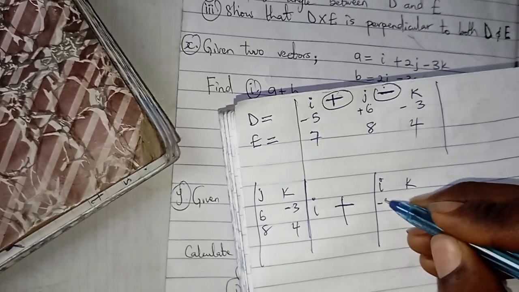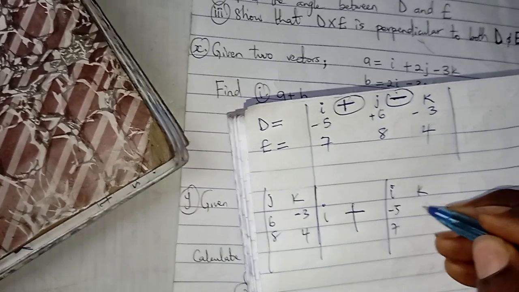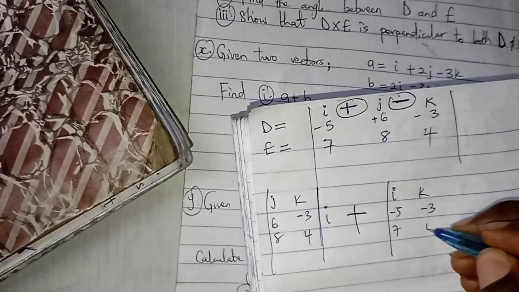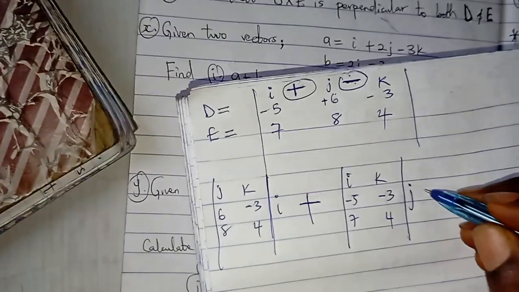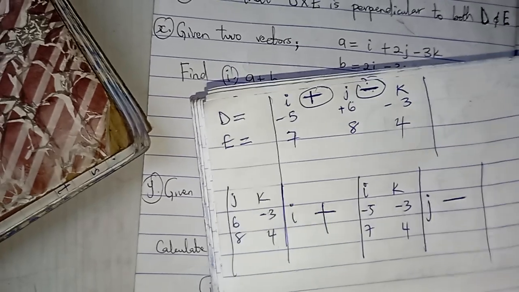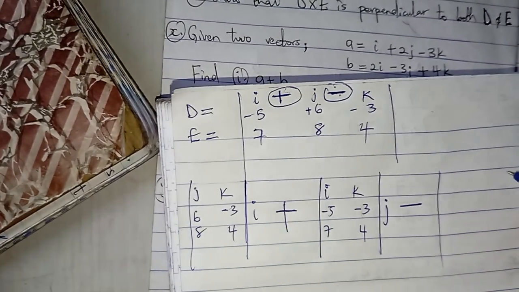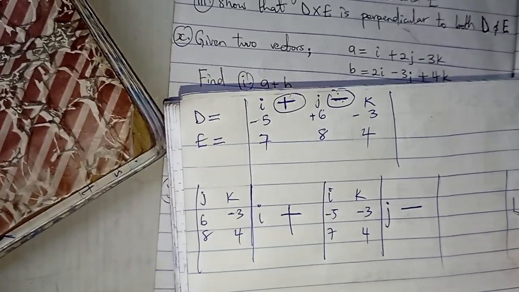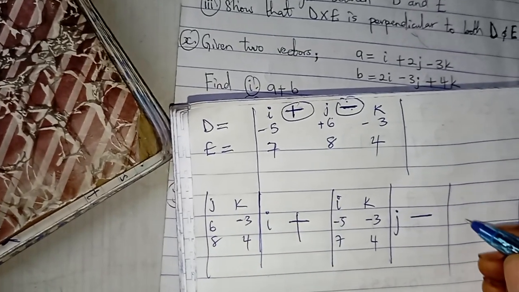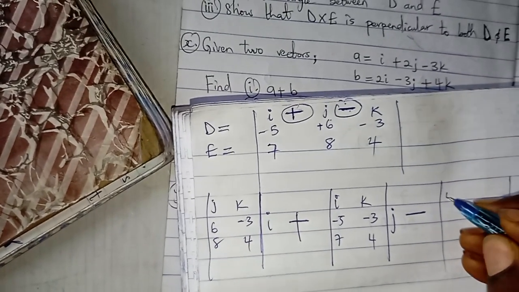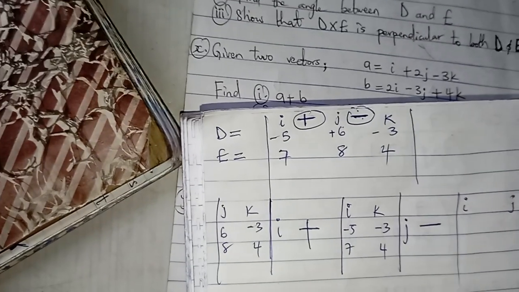So I'll write minus 5, 7, minus 3, 4, for j. Then this minus, this is the determinant. That's how you do it. So for k, i cross j gives me k, so I'll have the values for i and j.